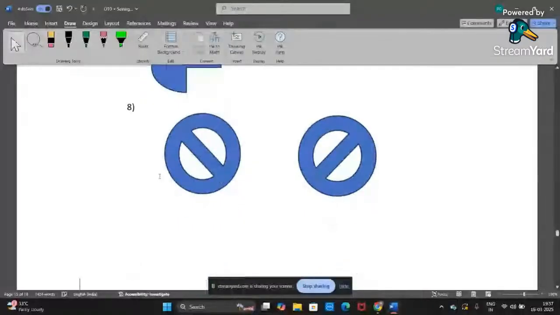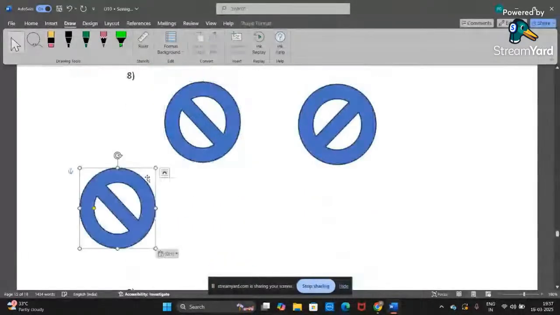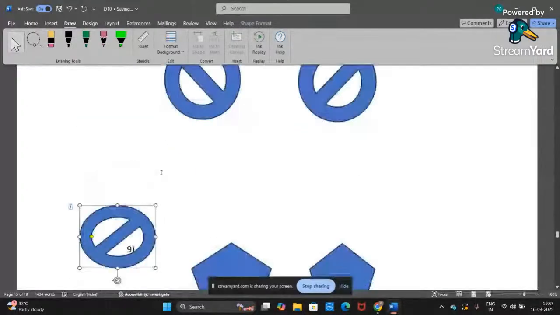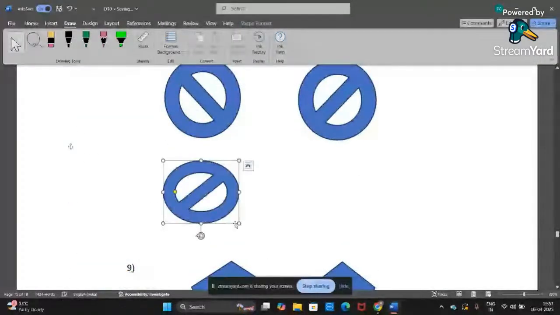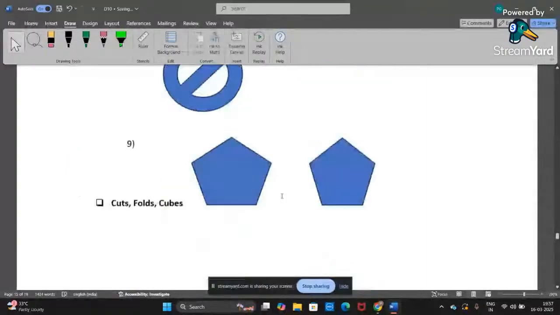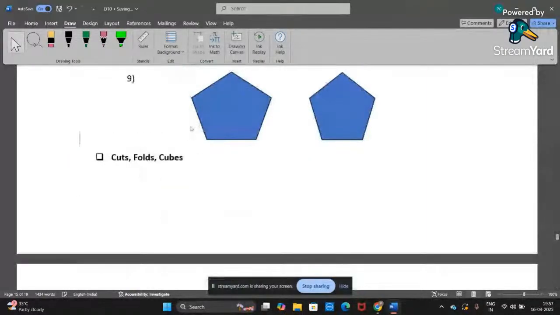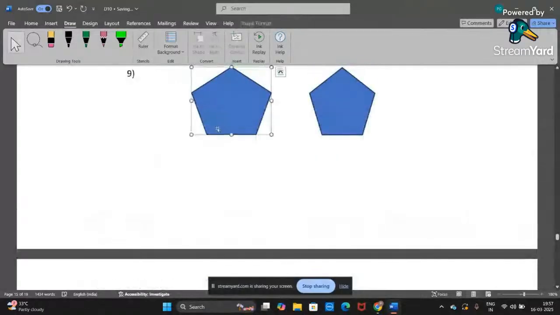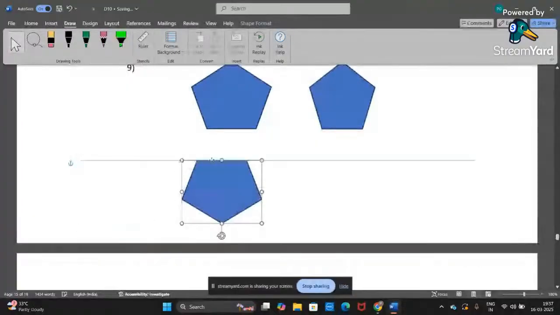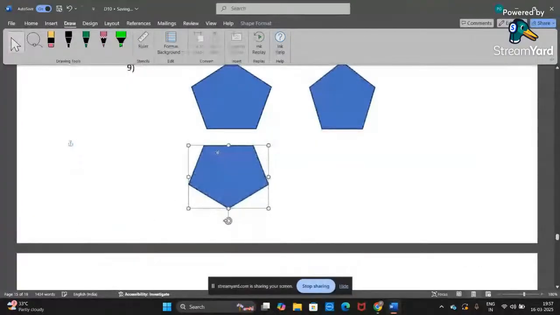For this, the water image will be like this, right? For this, the water image will be like this. Yes, right?